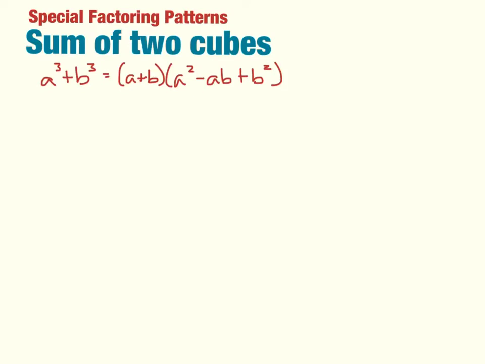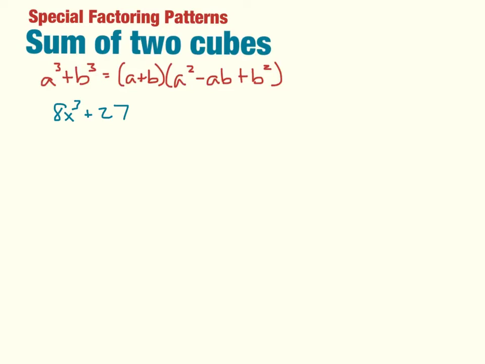8x cubed plus 27. Can I factor that down? Well, we can see this as a sum of 2 perfect cubes.